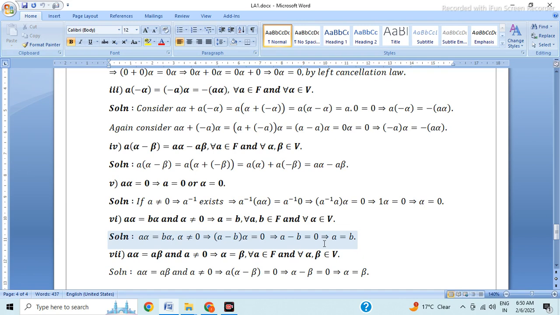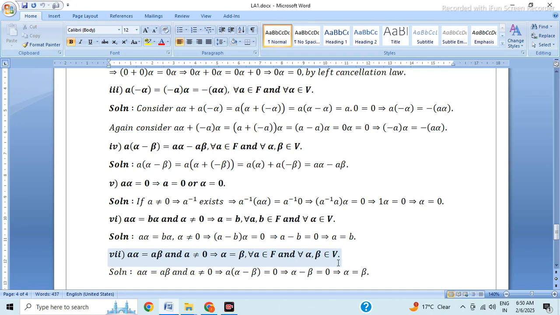Or alpha we can take as common. Then what we can write? A minus B into alpha equal to 0. Then alpha not equal to 0 means which one will become 0? A minus B should be 0. Then A minus B equal to 0 means A equal to B.